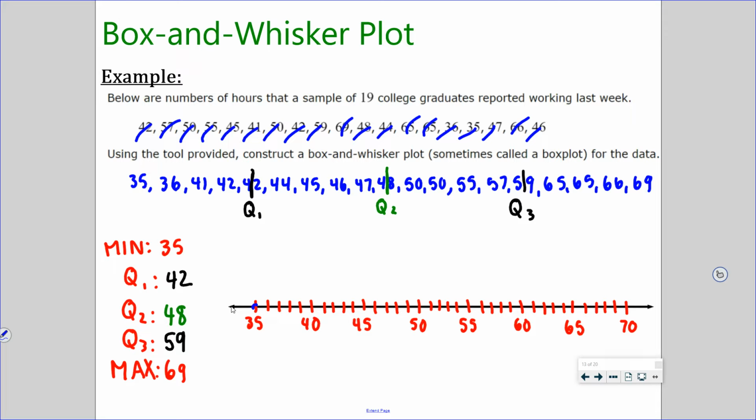So my min at 35 and my max at 69. I'll do my whiskers in blue and my box in green. And then my lower quartile, or my Q1, is 42. Median, 48. Quartile 3 was 59.